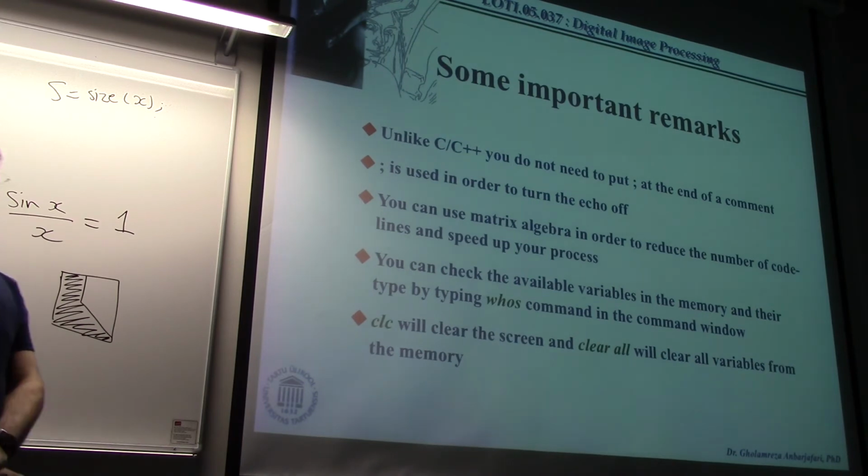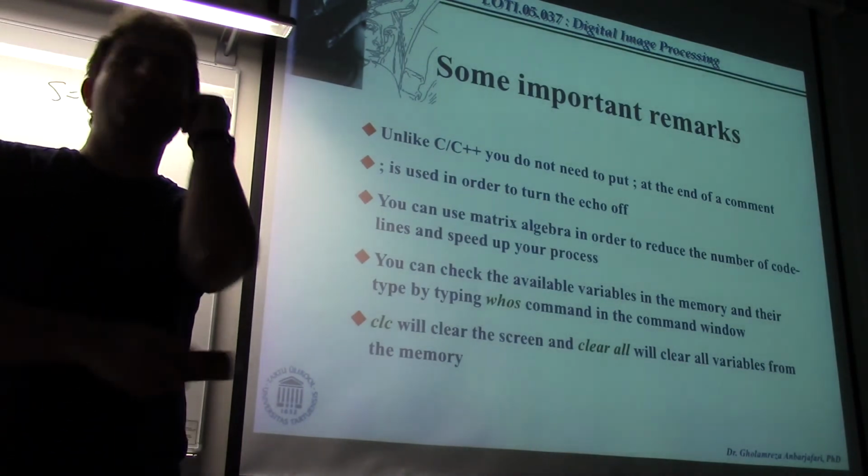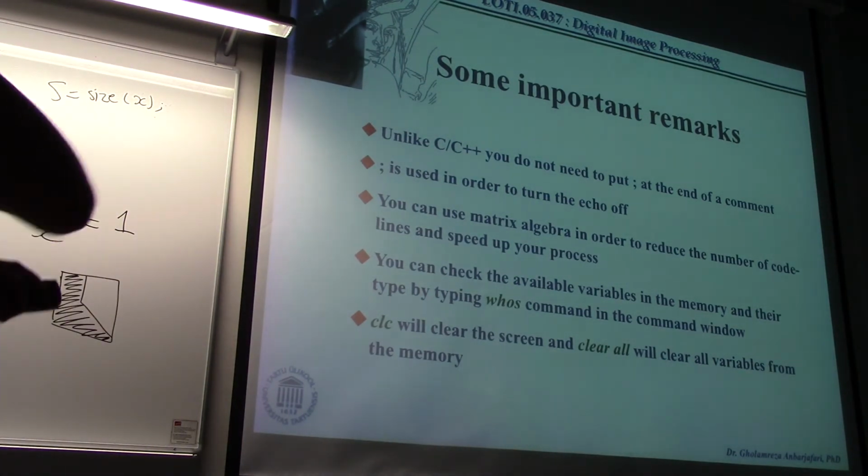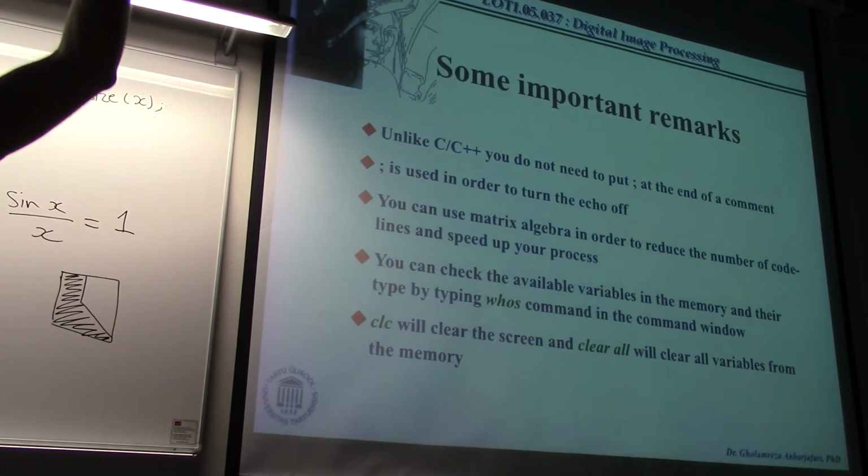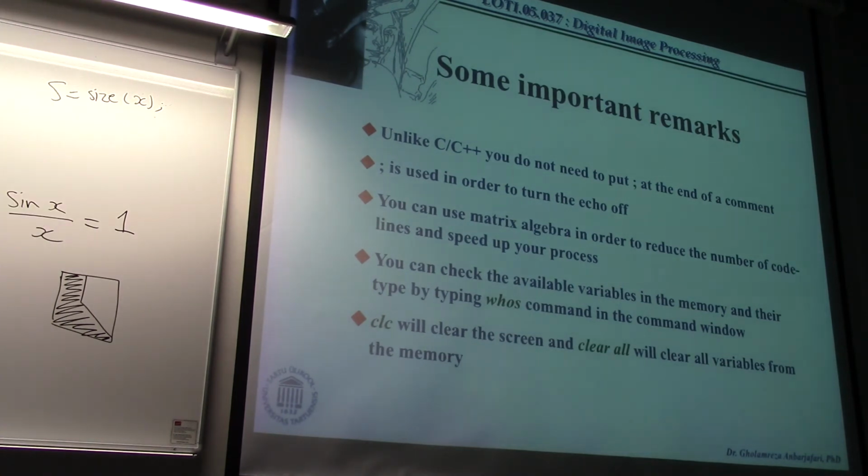Unlike C and C++, you do not need to define your variables. You can use the variable a, create it instantly as an integer, next line make it a character, next line make it a float, and then you can even delete it. You can use the whos command to see which variables are used, and there are some commands you can use to clear things.